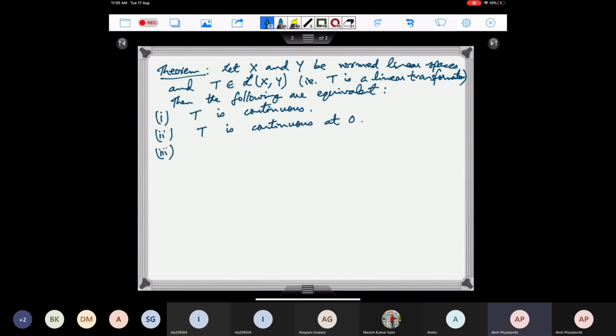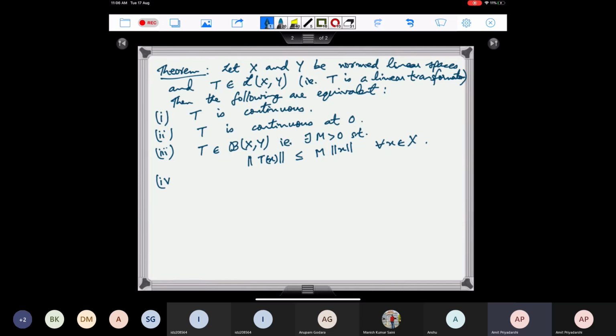Third, T is a bounded linear operator, which again by our definition means there exists M greater than 0 such that norm of Tx is less than or equal to M times norm x for all x in X.